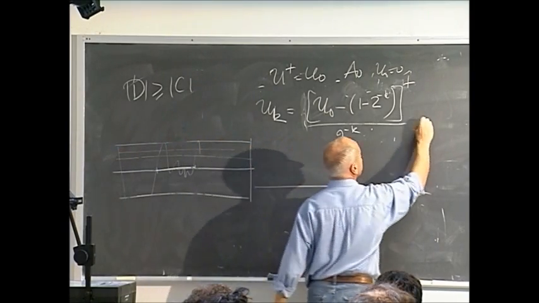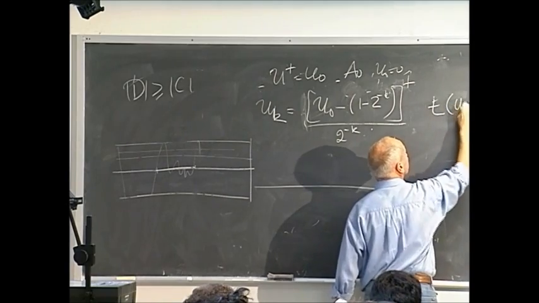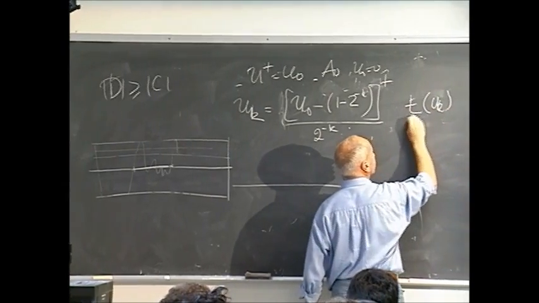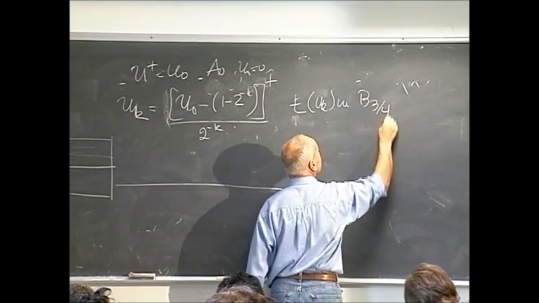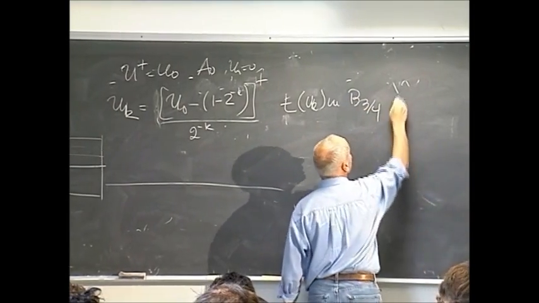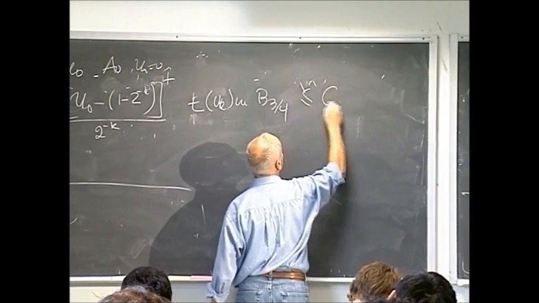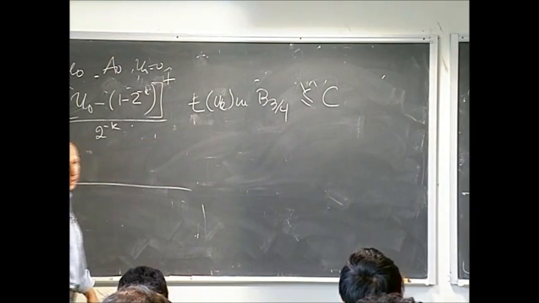So the energy of UK in the ball of radius 3/4 is always less or equal than a constant.